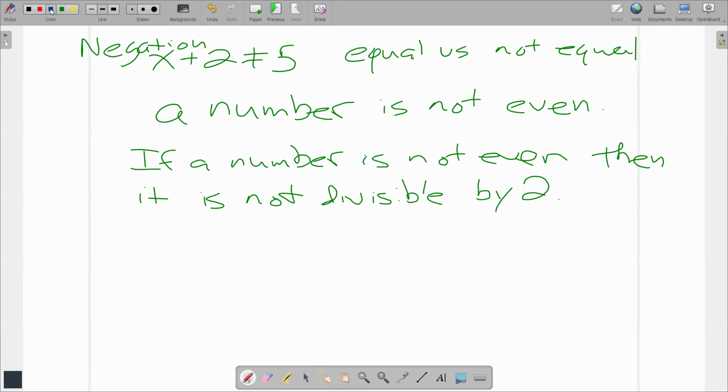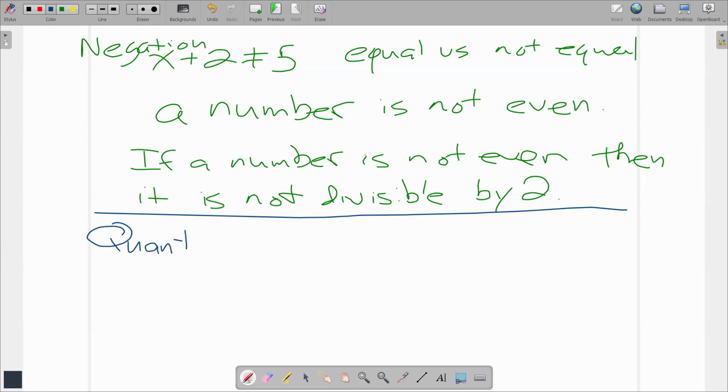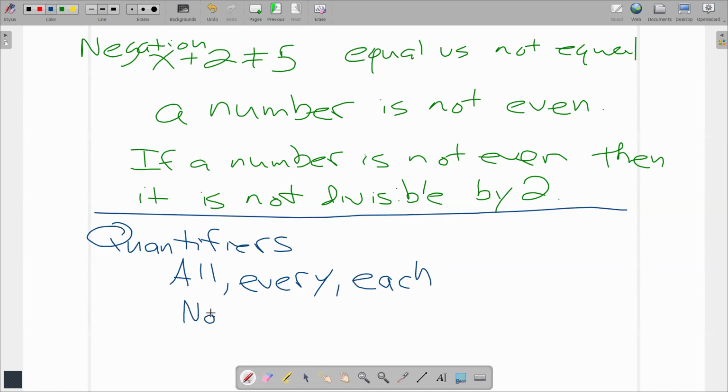But sometimes it's not as obvious depending on quantifiers that are listed. So we'll go over quantifiers and then how they're related to negation. Quantifiers are things like all, every, each, or maybe none.